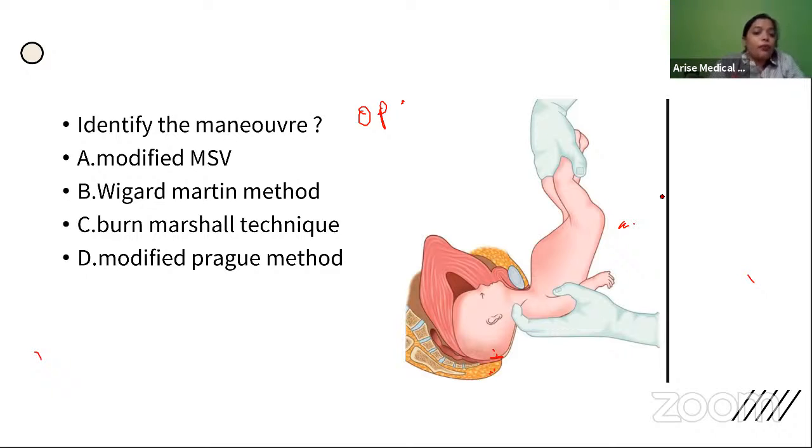This is called modified Prague maneuver. Modified Prague maneuver is used for OP position of the aftercoming head of breech.